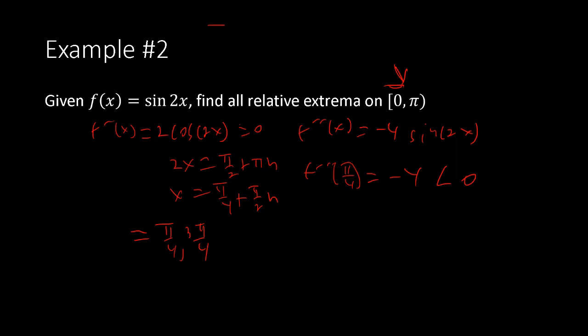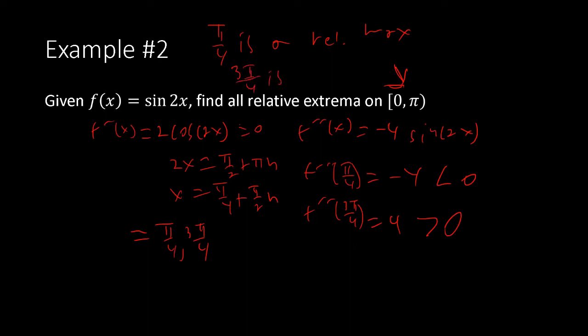So pi over 4 is a relative max, and f double prime of 3 pi over 4 is going to be negative 4 times sine of 3 pi over 2, which is negative 1, which means we're going to have 4, which is greater than 0. So 3 pi over 4 is a relative minimum. And that's our answer.